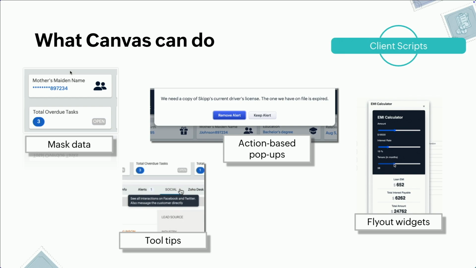Some of the things that you can do are masking fields. So if you have a social security number, a mother's maiden name, things that you don't want people walking by to see, or you're sharing your screen with somebody else, now you can mask those, and then people are going to have to click on it to actually view or edit that value.